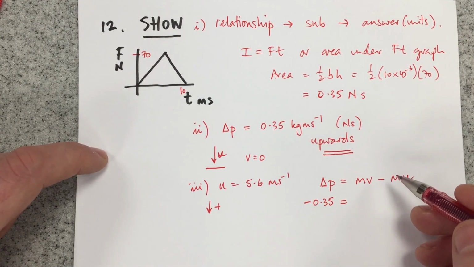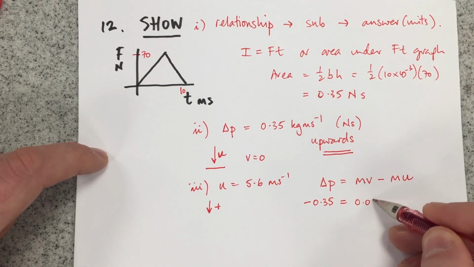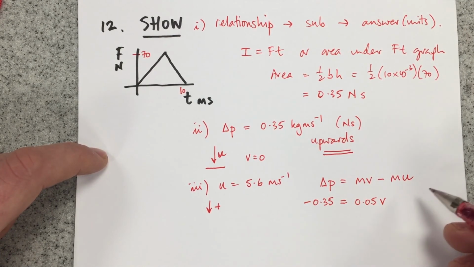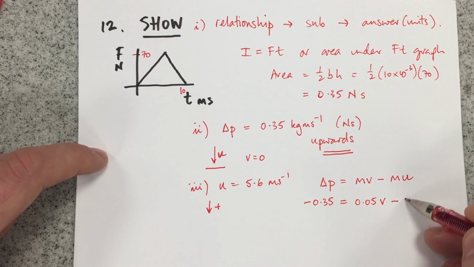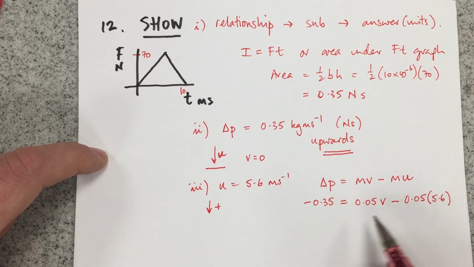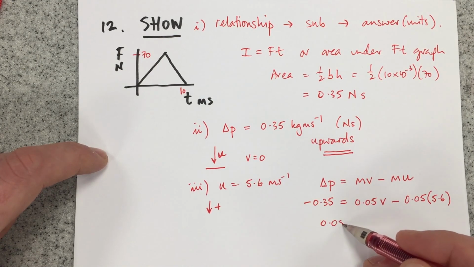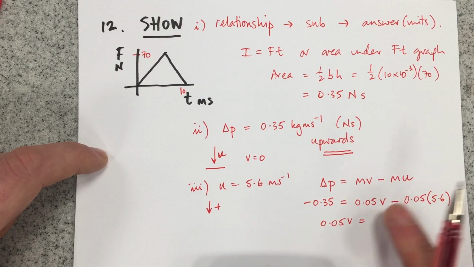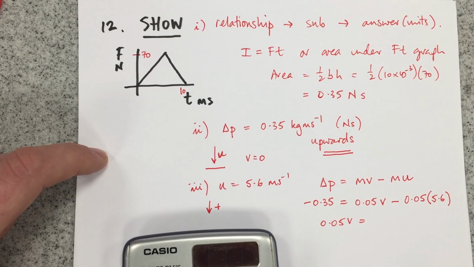The mass of the ball given to you in the question is 0.05 kilograms. The final velocity you're looking for, take away the mass multiplied by the initial velocity. Now the initial velocity is 5.6 downwards, and down is positive, so it goes in as positive to the equation. So if you rearrange and solve, you get 0.05v is equal to, now this term here will go over and become an addition.